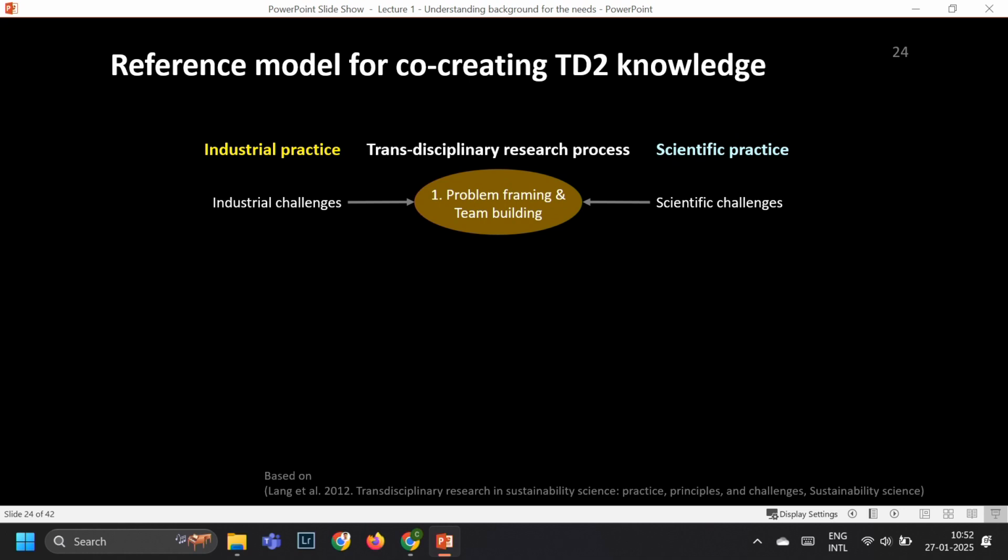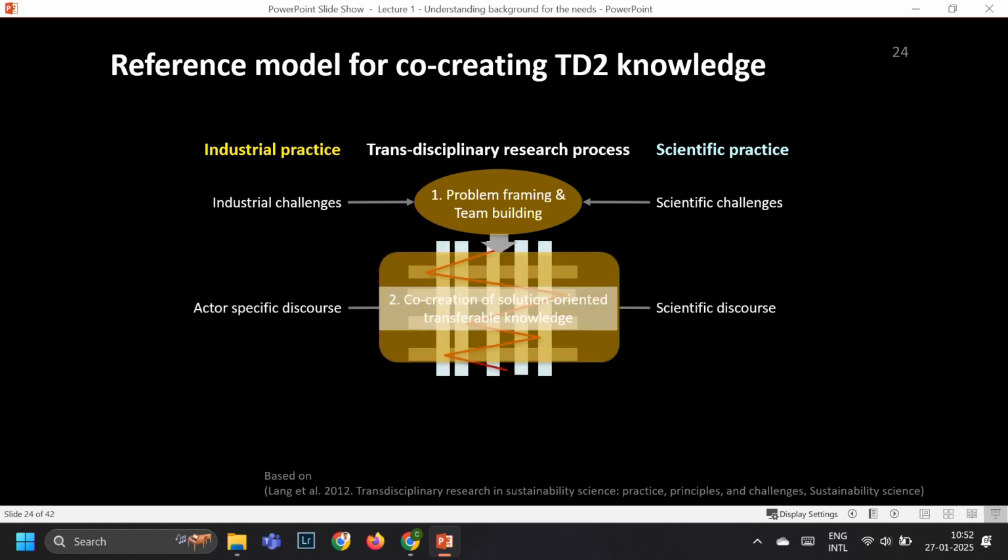And typically, in doing this kind of research, you need to frame the problems, and also you need to know each other, and then the research process is not straightforward.